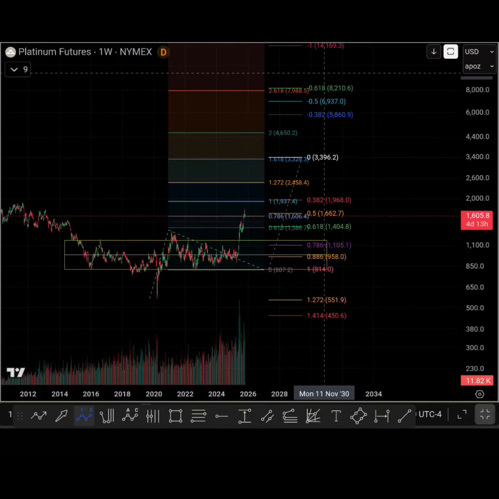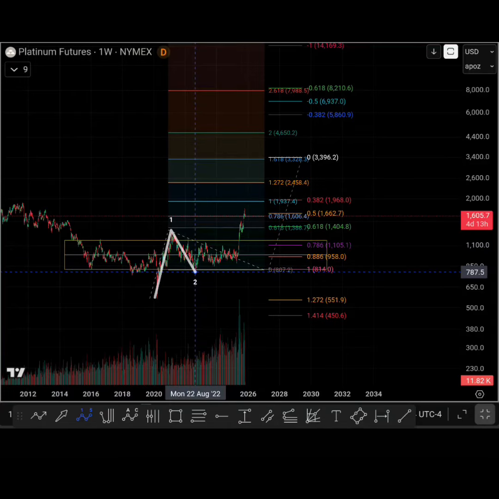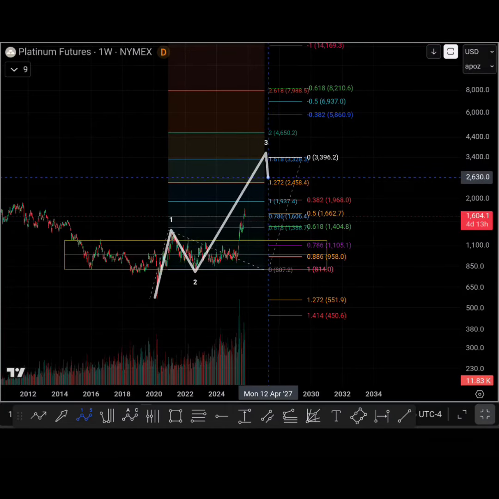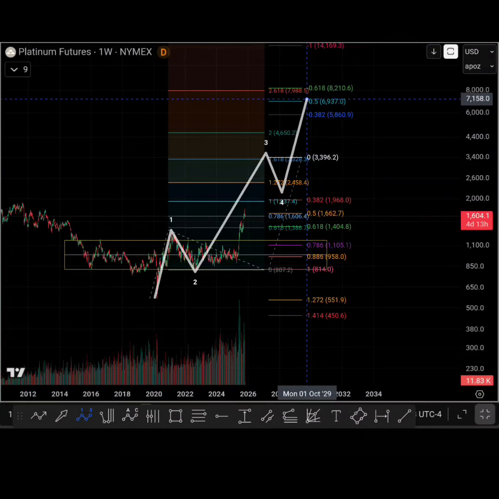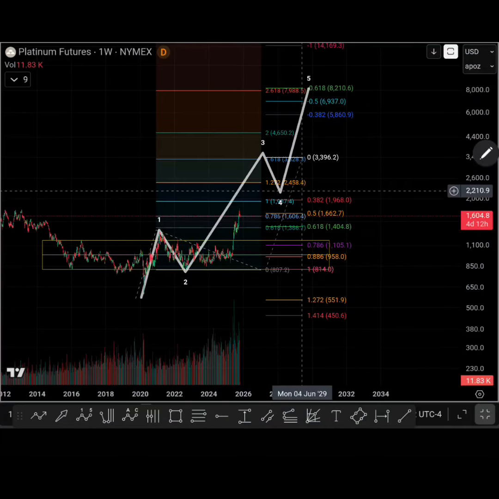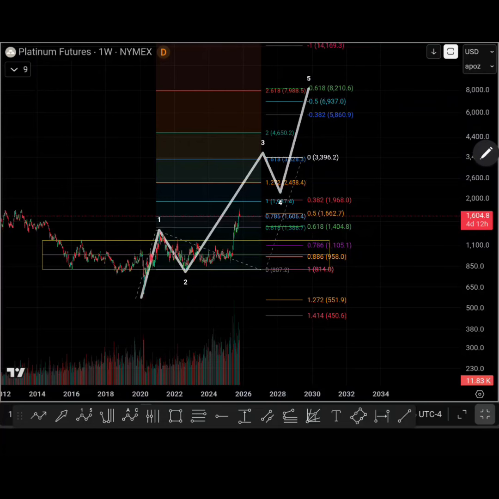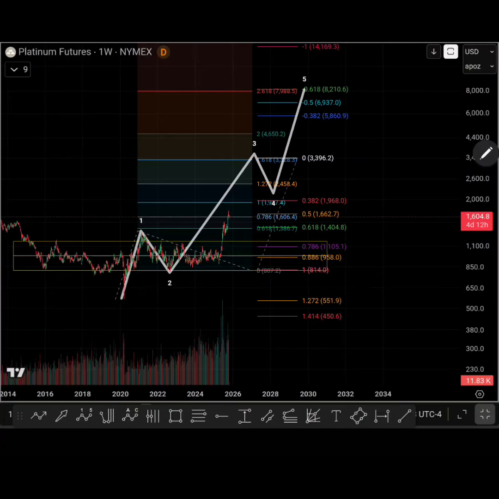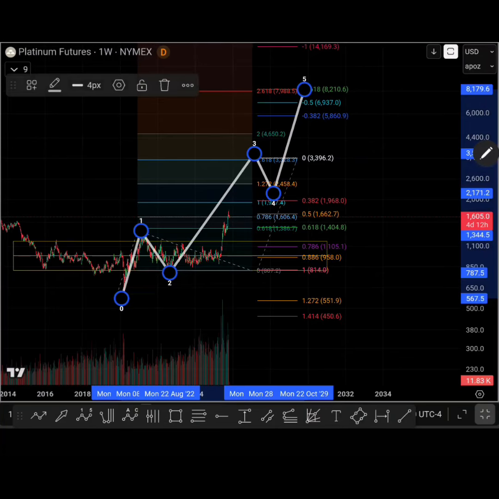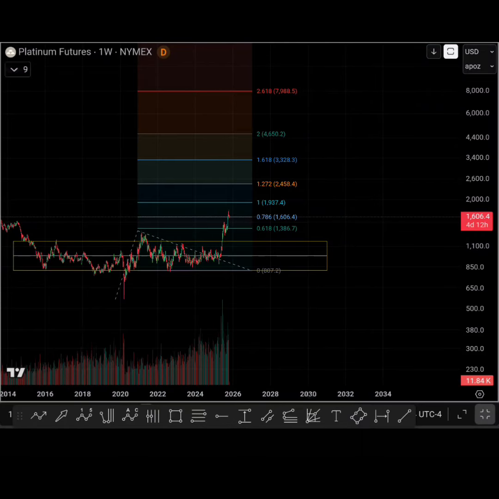I don't know how reliable the metals are at Elliott wave, but that would be what you'd be looking at. This wave 4 would probably extend a little longer, and then in the 2030s you get upwards of 8,000. So metal should be doing pretty well for the next 5, maybe 10 years.